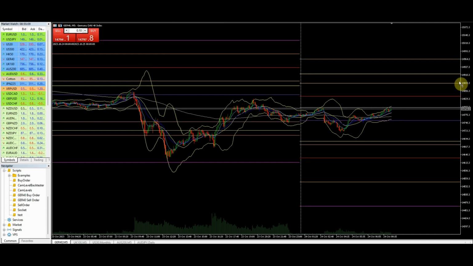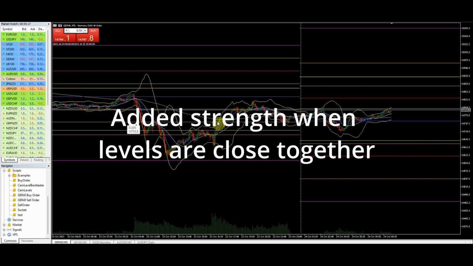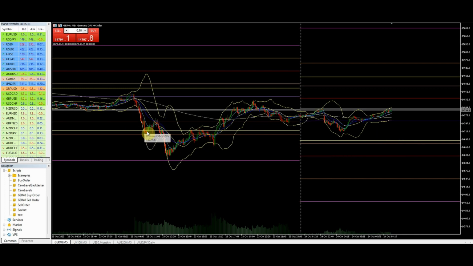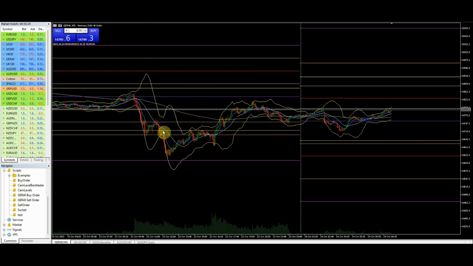But on the face of it, we're really looking for these levels to hold, particularly when they're close together. So these two levels are kind of close together, and that means they may have a chance of bouncing. We did have a bounce yesterday off the level for about 50 points, which is great.